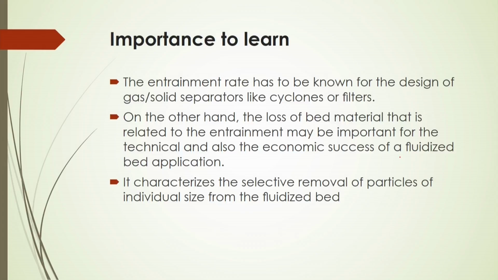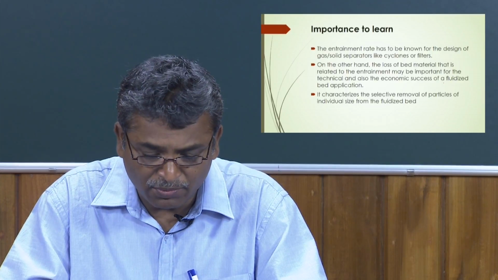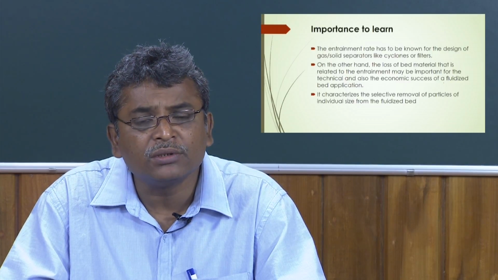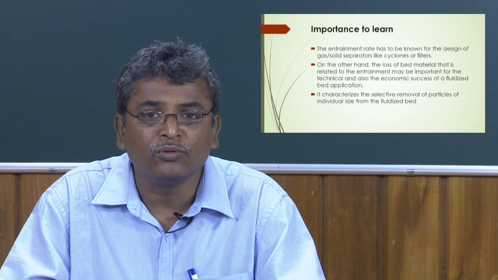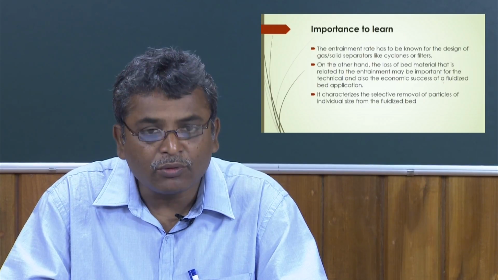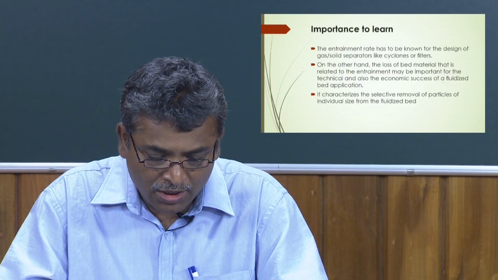Some materials, those that are very fine in size, will come out from the top of the bed. Without losing these materials, you have to optimize that loss by recirculating the solid particles, that means reusing them. You have to know the amount of solid particles coming out from the top of the bed, that is called the entrainment rate, based on which you will be able to calculate the amount of solid coming out from the top of the bed.